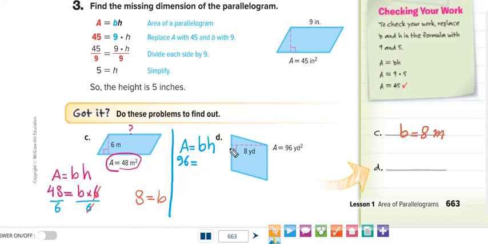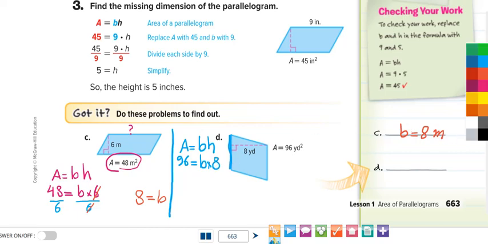The base is unknown, this one or this one, they are the same. You can take this one because it's perpendicular. This is the base, it is unknown. So write here B. If you want to write X, it is okay, but it's preferable to use the same letter B. Now multiplied by the height, which is 8.